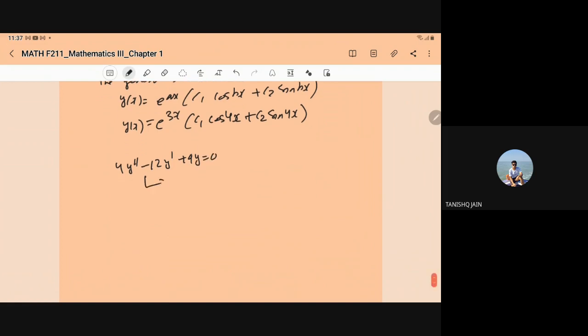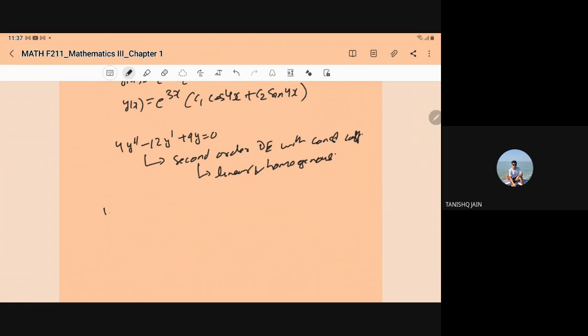So this is a second order differential equation with constant coefficient. It is second order as well as linear and homogeneous. So for this kind of equation only we can apply this method.